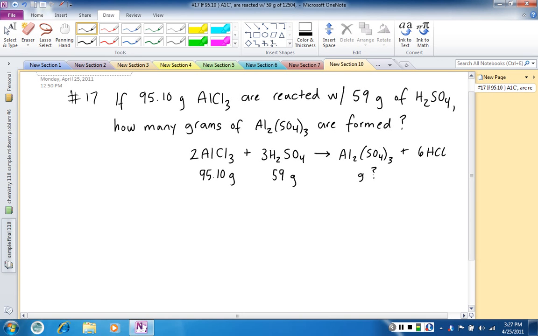So quickly, if we have 95.10 grams of AlCl3, you got to figure out that the molecular weight of that compound is 133.33 grams per mole.